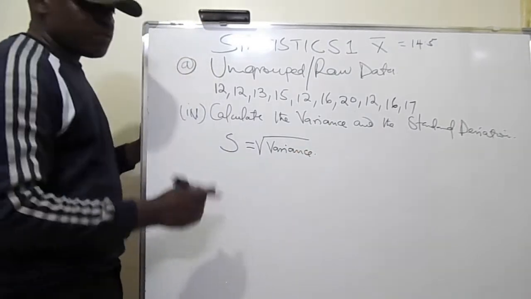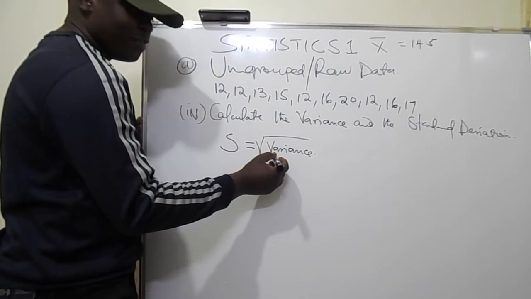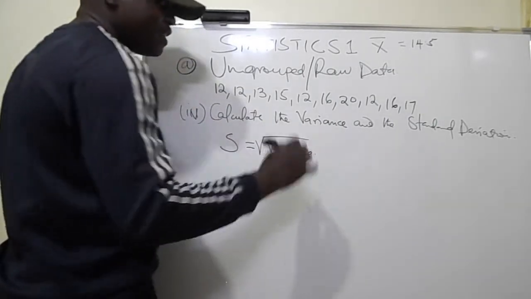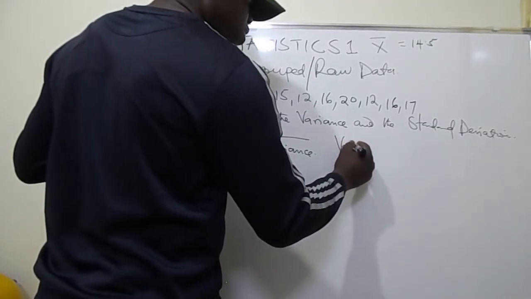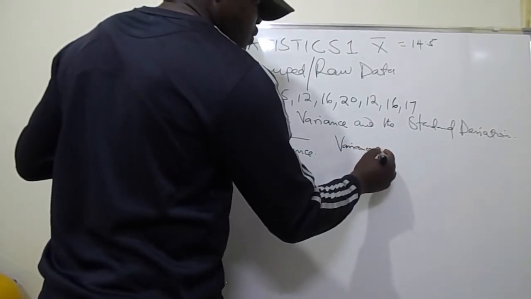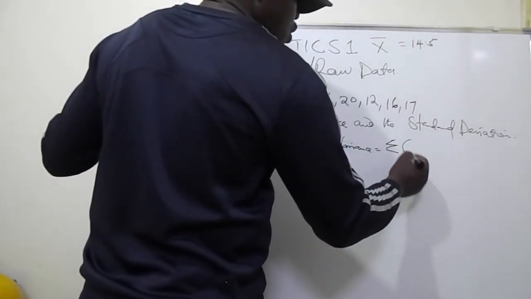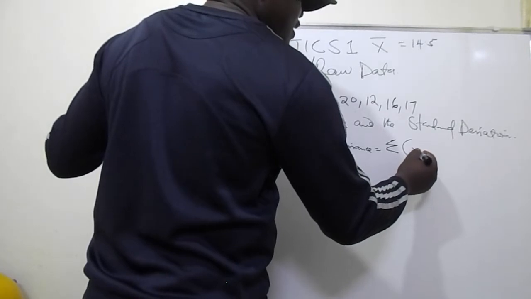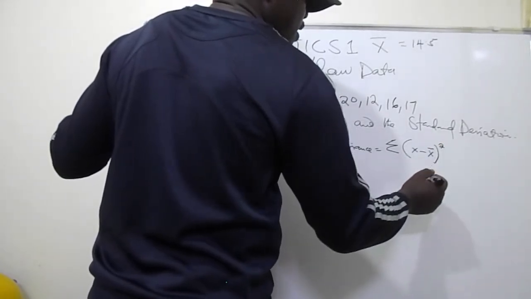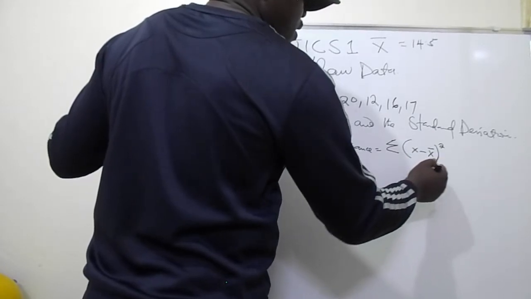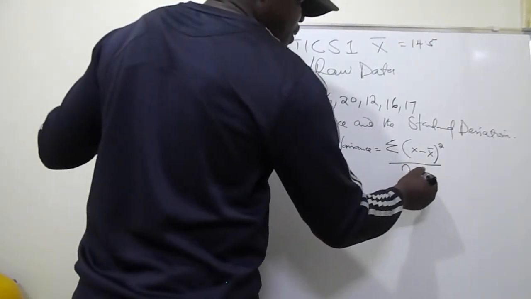Okay? So the first thing that you have to find is the variance. And the formula for finding the variance is equivalent to the sum of x minus x bar squared divided by n minus 1.